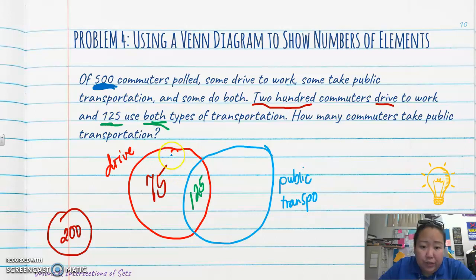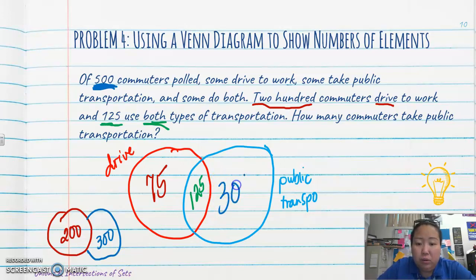So if this red circle is already 200, and if I am going to look, this is the remaining part, okay, this part, I'm gonna redraw it here, okay, this part. According to this first sentence, the union, so everything in those circles needs to be 500. And so if this part is already 200, then it means this remaining part is going to be 300.